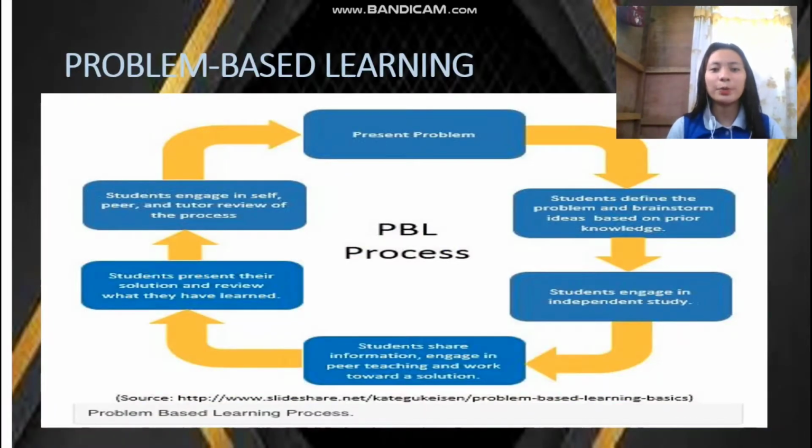So I have here a problem-based learning. It is where students are presented with a problem, and then students will define the problem and brainstorm ideas based on prior knowledge, and then students will engage in independent study. Students share information, engage in peer teaching and work toward the solution, and then students present their solution and review what they have learned.